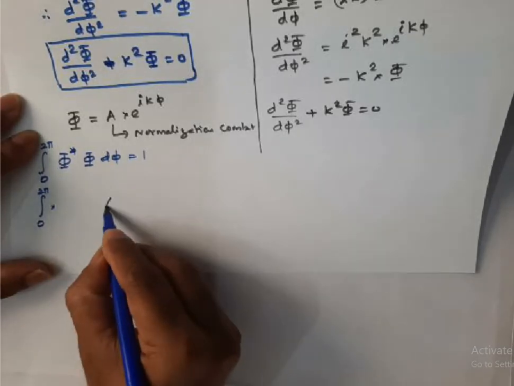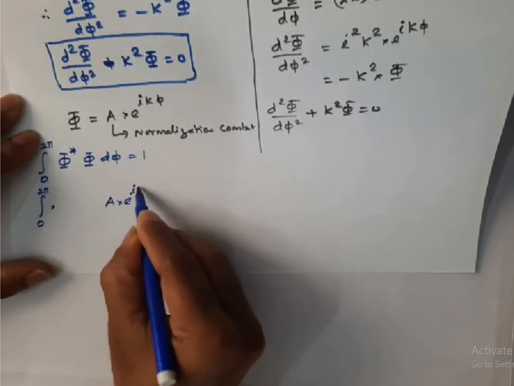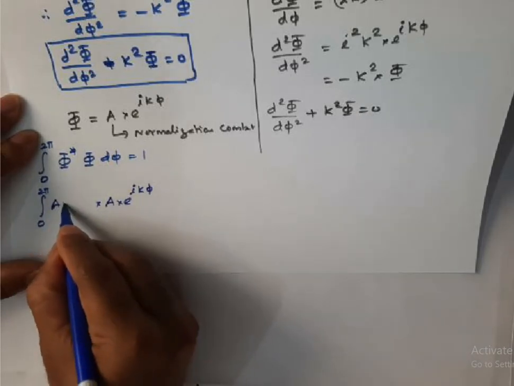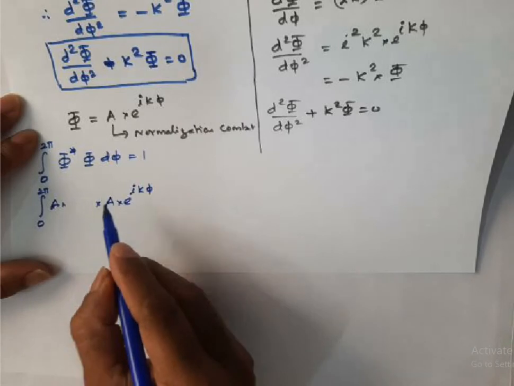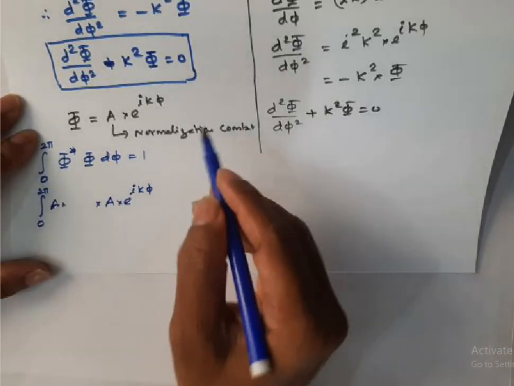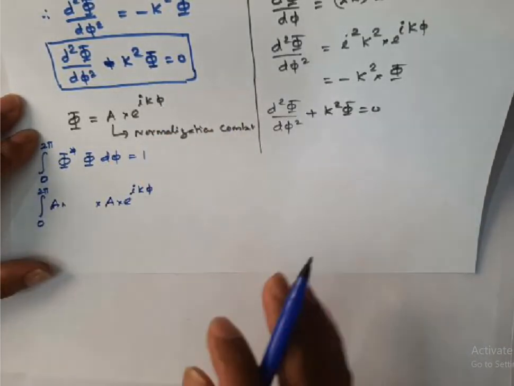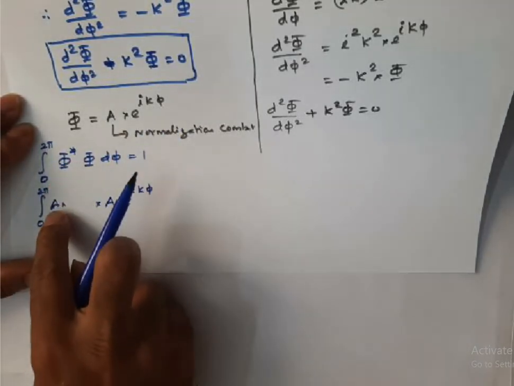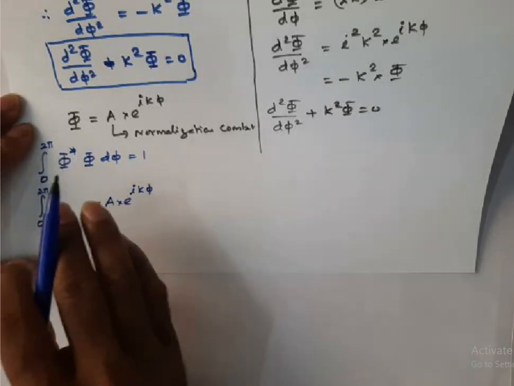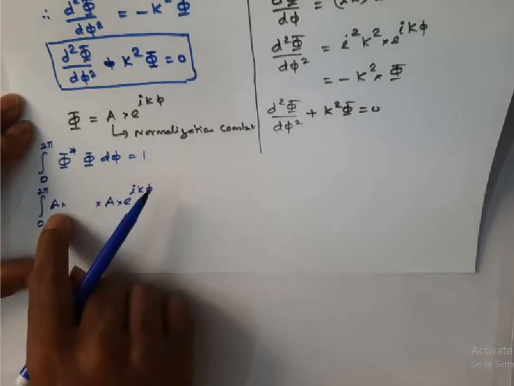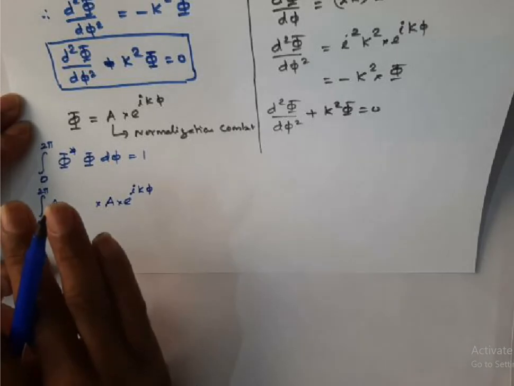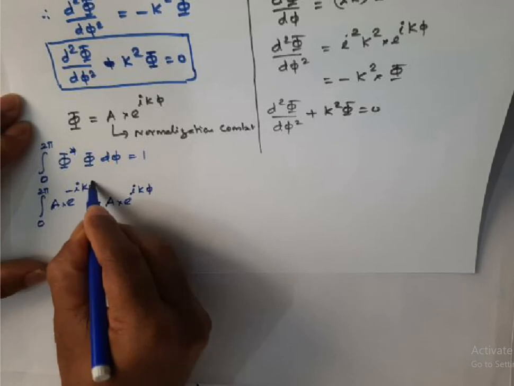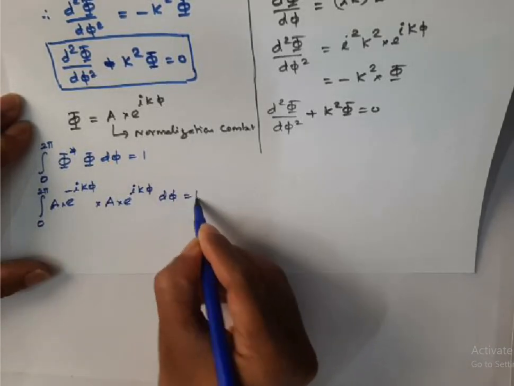Phi is A into e power i k phi, and phi star is A into, you should assume that this A is a real constant, the normalization constant. So the conjugate does not interfere with the constant A. Let the constant A remain as such. Phi star is e power minus i k phi, into d phi equal to 1.